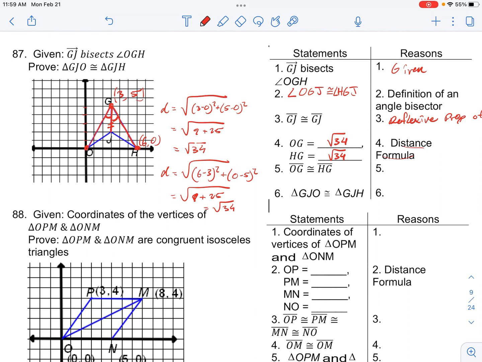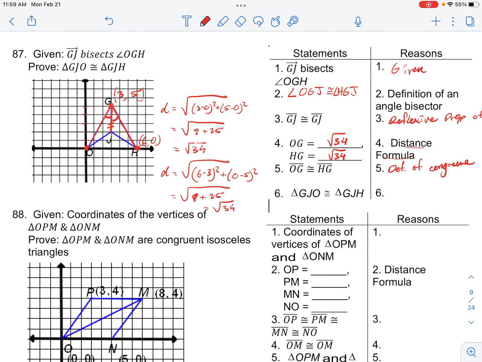So this is just the definition of congruence.